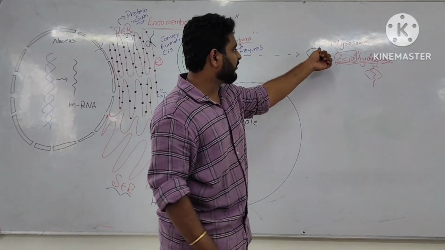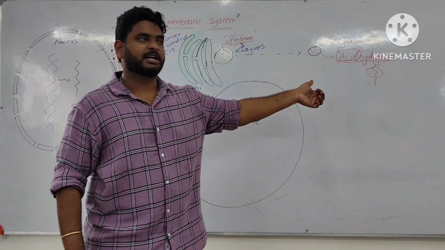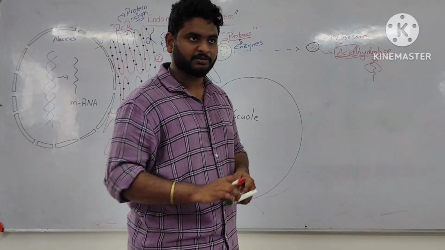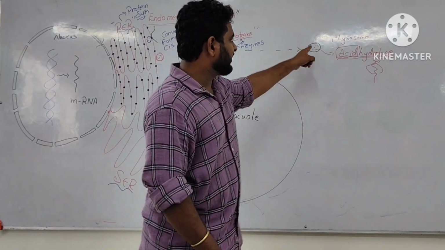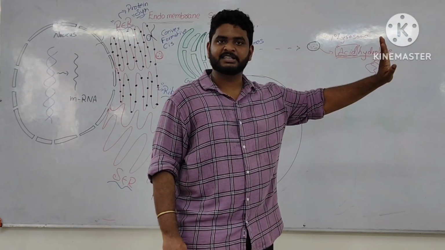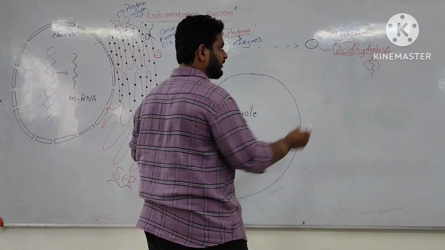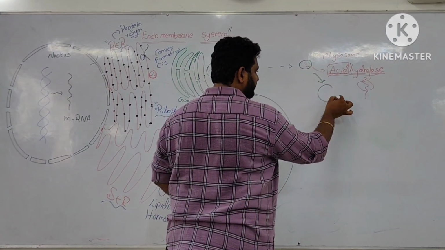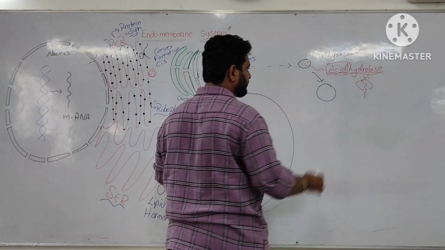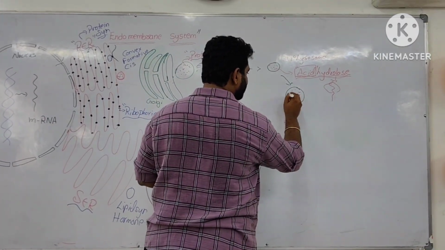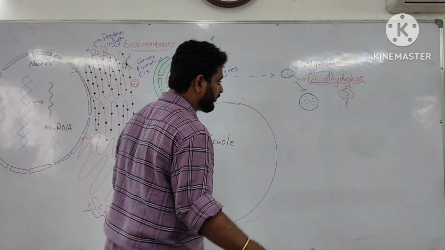That level of potent enzymes is present inside the lysosomes. Now let's try to understand the cycle of lysosomes. If the lysosome is having only enzymes inside it, then it is called a primary lysosome.